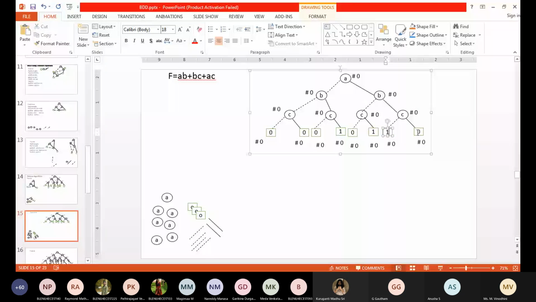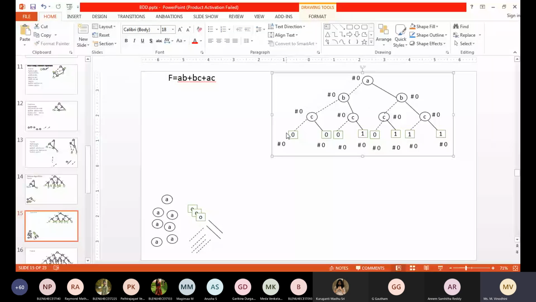Okay. Samhita ready? Can you tell me the number for this leaf node, leftmost leaf node? What will be the number? Yesterday you were not there. Then tell me what will be, even now I explained. 0, ma'am. 0.